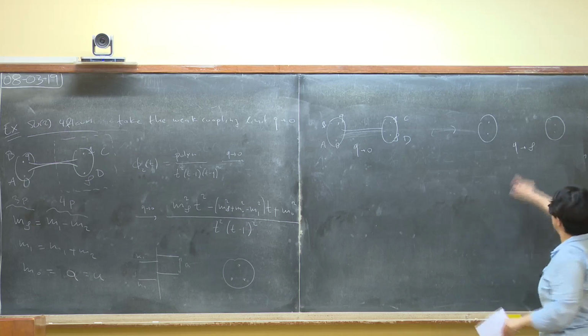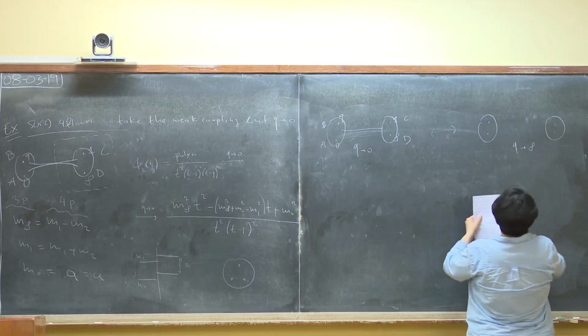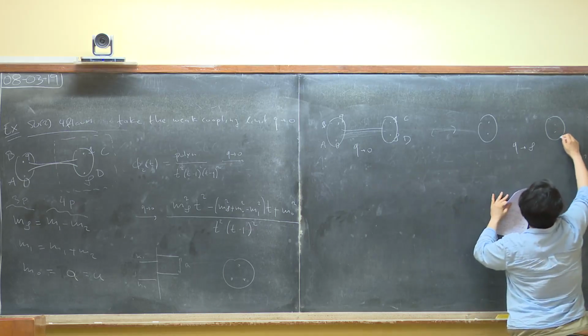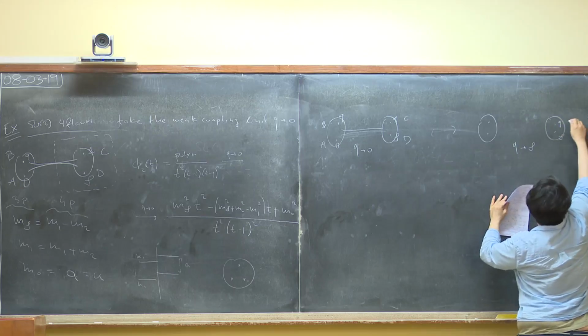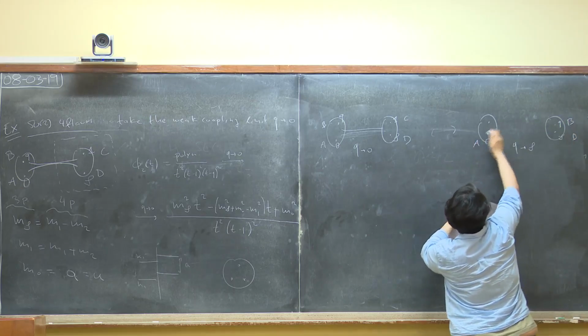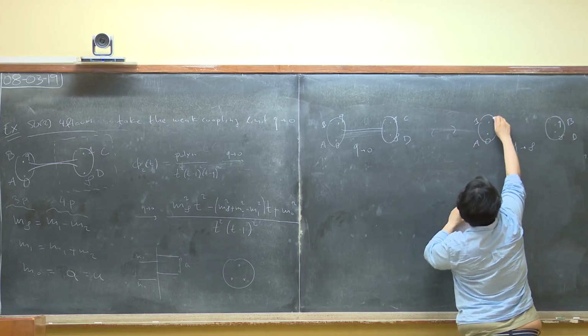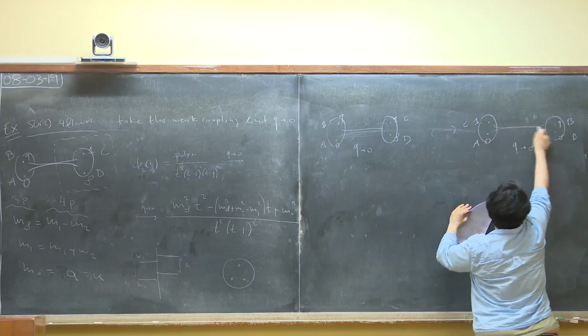And this is another weak coupling type of limit. So here you will have the infinity, which was D, Q because it goes to infinity, which was B, 0, which was A, and 1 will be here, which was C. So this is how you should draw this.